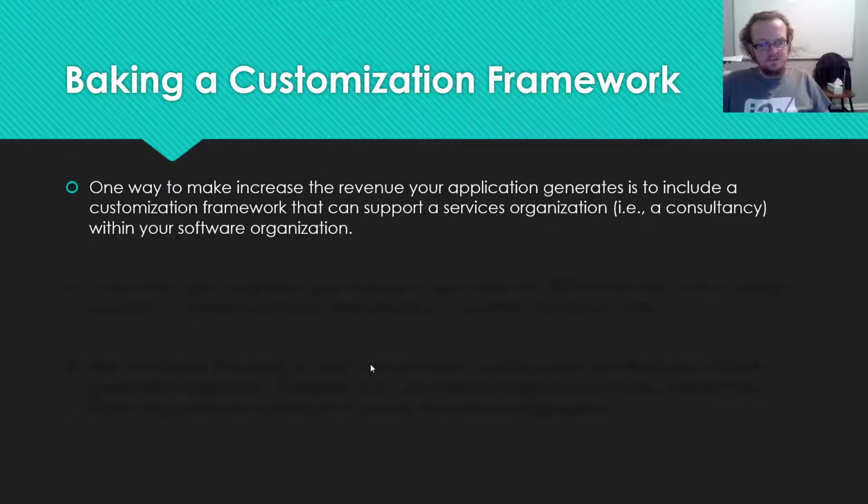So if we zoom out a little bit and think about customization frameworks that you yourself could create. Maybe you think about your group project, or an application that you were interested in building with some friends and you're trying to license. One of the ways that you can get recurring revenue after selling a license is to provide customization frameworks within your application. So basically people will get the vanilla application. If it's a good application, typically people will be interested in making that application experience better, particularly for B2B applications.